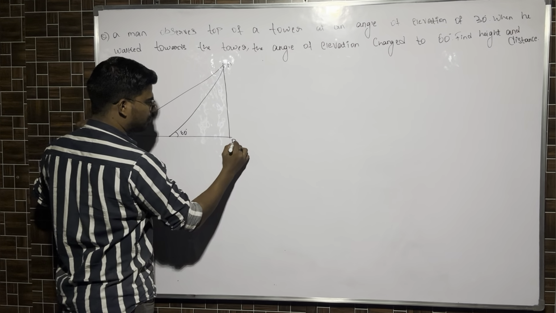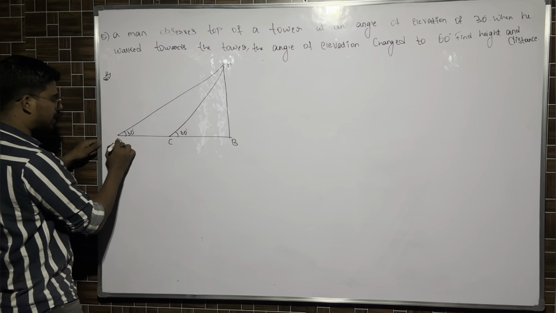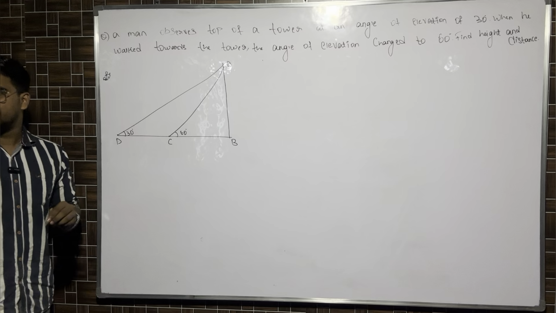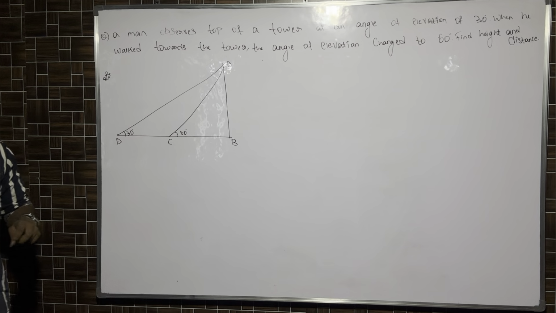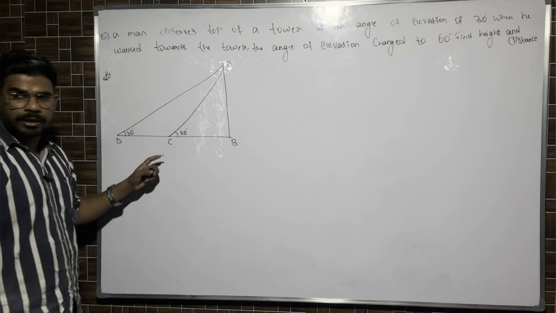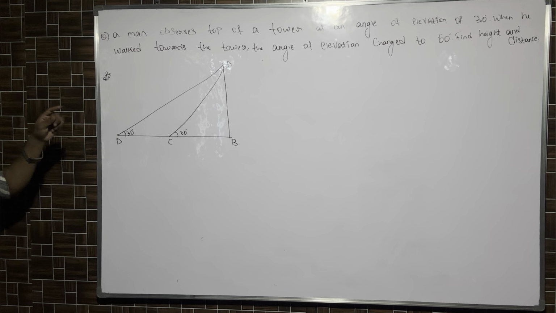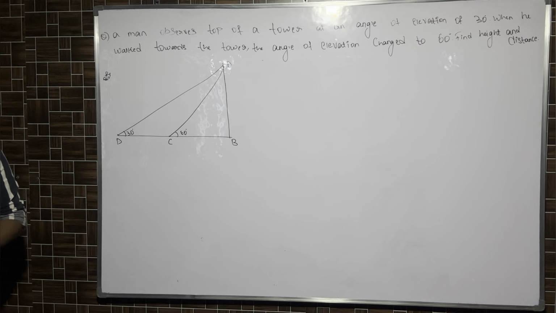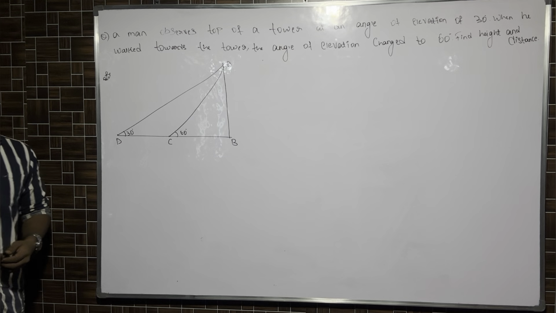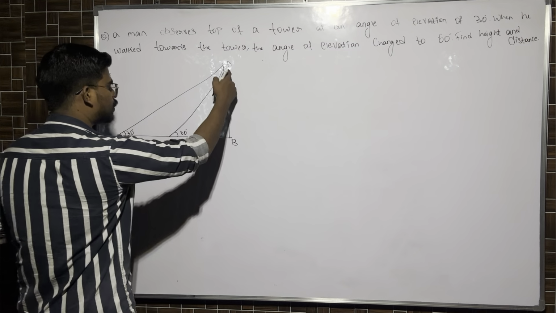So let us take in the form of triangles ABC. There are two triangles that we have to consider. What is the first triangle? ABC is the first triangle, and ABD is the another triangle. ABC and ABD are the two triangles that we have to consider and solve according to that.